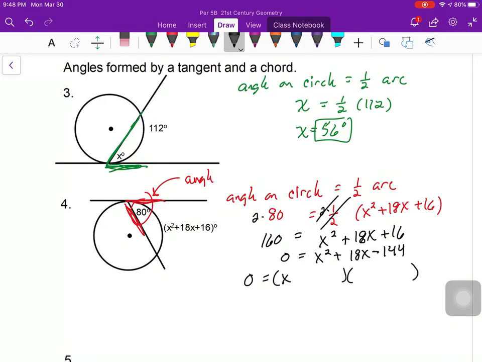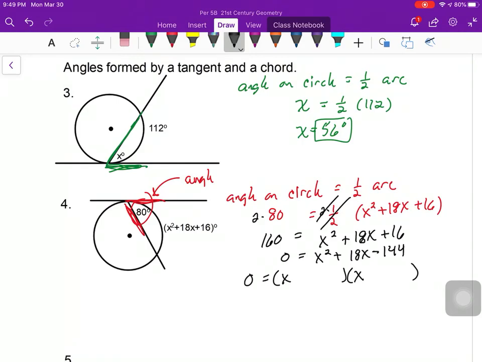And this one I believe we can factor again. So when we go to factor it, the front ones are pretty straightforward. We need x and x. But for 144, I need things that multiply to give me 144, and they have to subtract to give me 18.